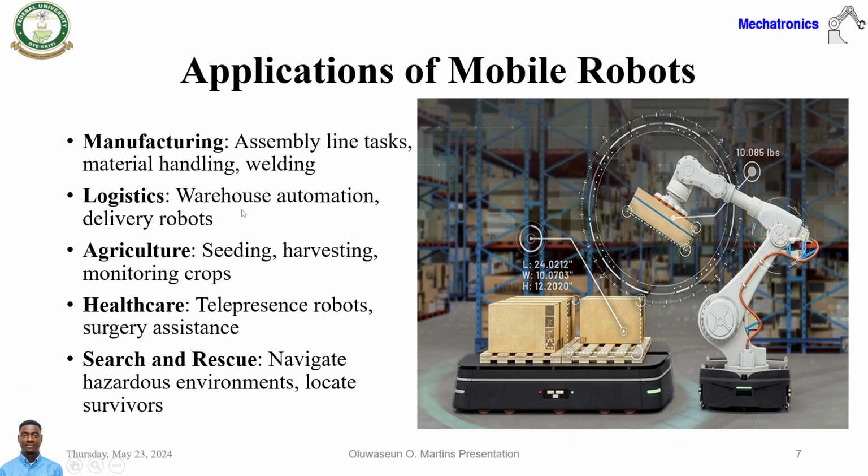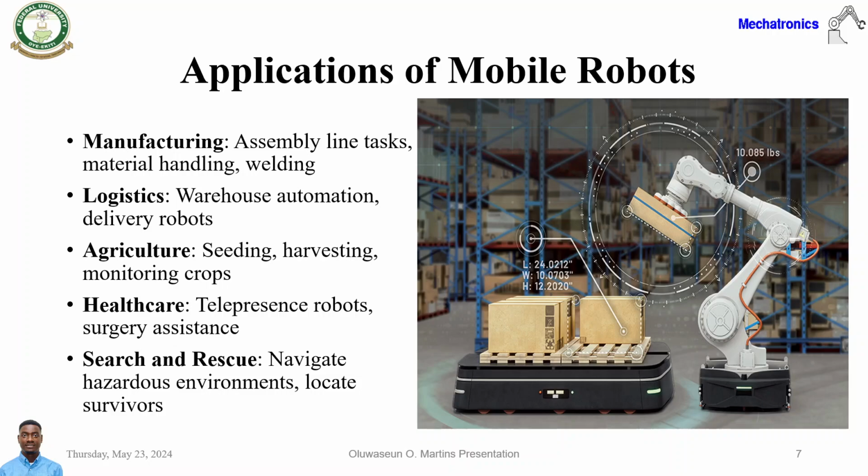So for the applications, we have manufacturing, assembly lines, particularly in vehicle assembly lines. If you go to YouTube, you see vehicle assembly is done practically with robot arms and mobile robots. So assembly lines, material handling, welding, particularly in aerospace. A lot of welding in the aerospace industry is done with mobile robots because of their precision.